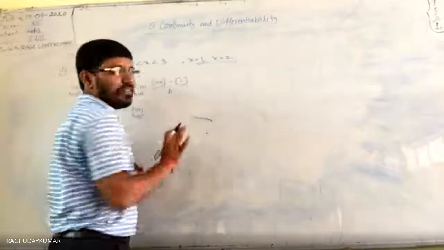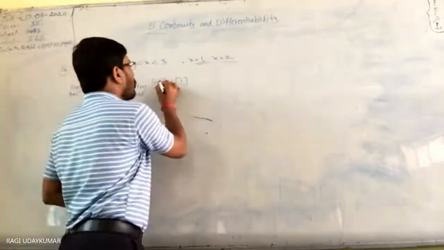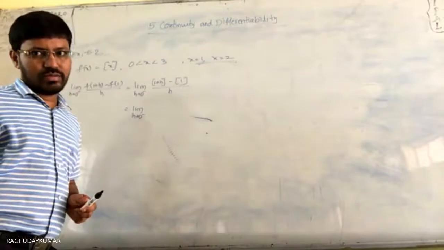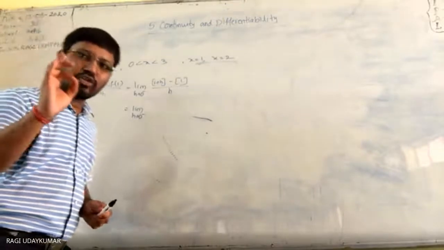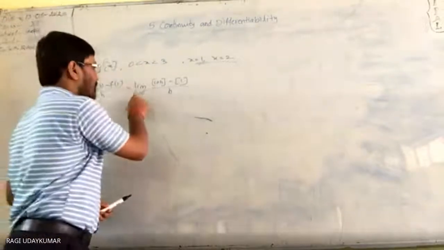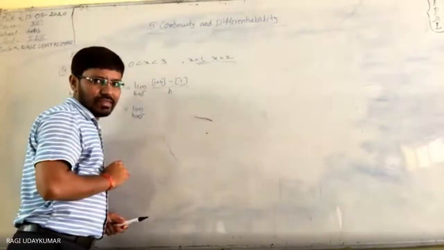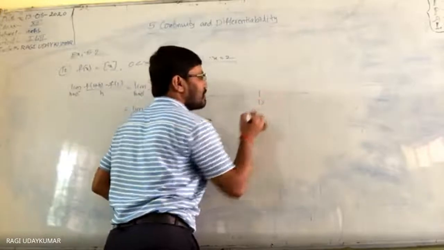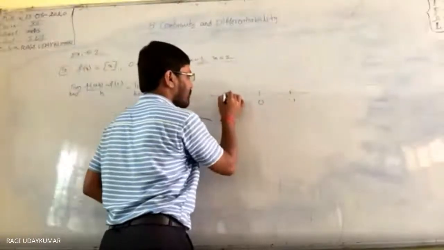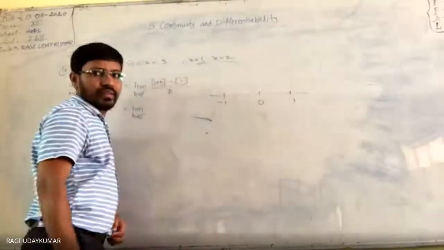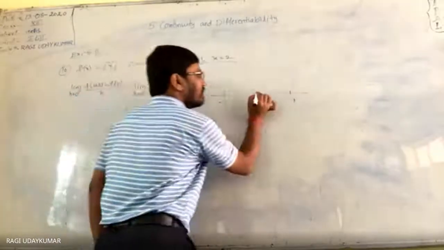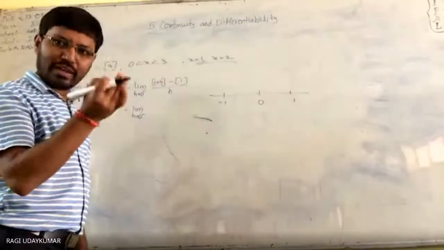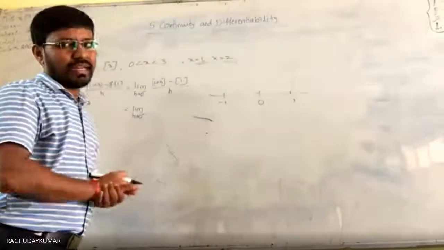See here, everyone concentrate. To 1 we have to add some number. What is that number you are adding? A number which is near to 0 but less than 0, because h tends to 0 minus. On the number line, with 0 here, 1 here and minus 1 here, for the 1 we are adding a number approximately near to 0 but on the left side of 0. So what is that number? A negative number.